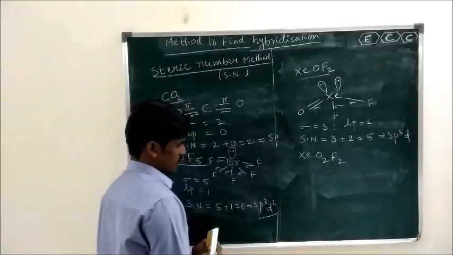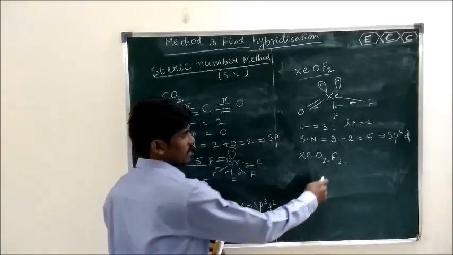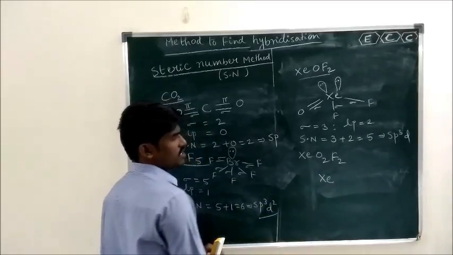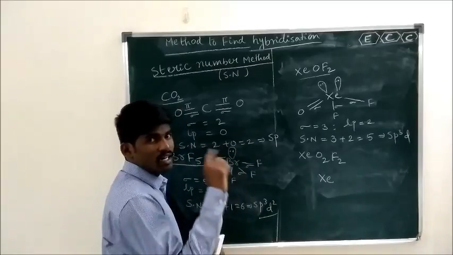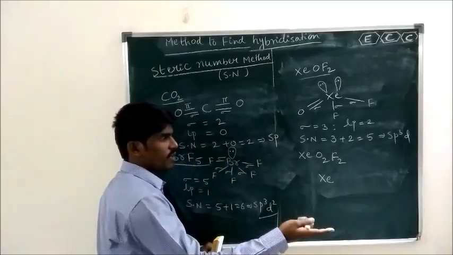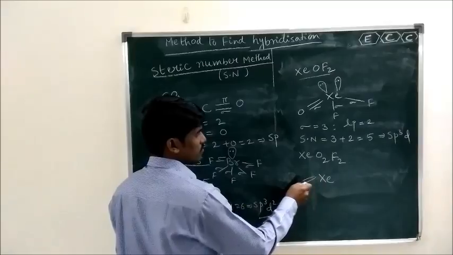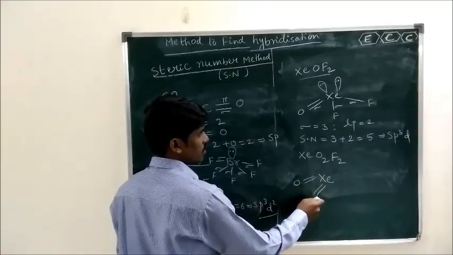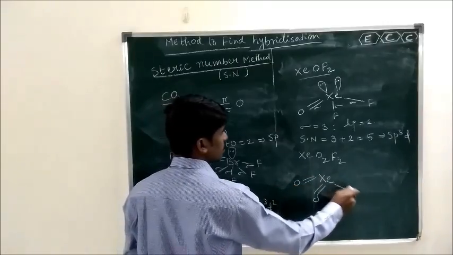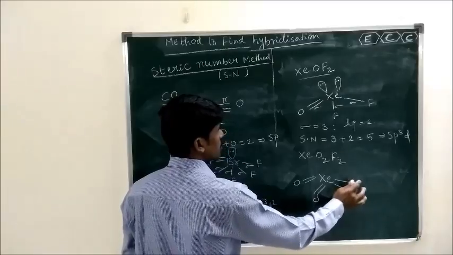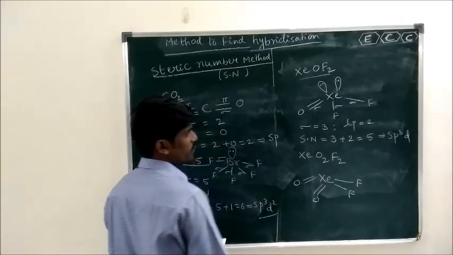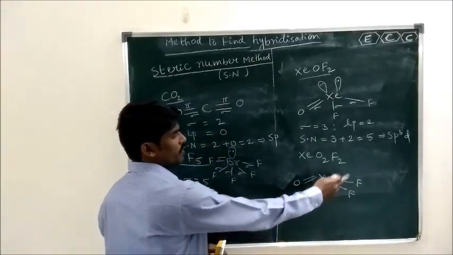Like, you can consider one more example. XeO2F2. If I take XeO2F2, xenon is the central atom. As you know, xenon has 8 valence electrons. It can form 8 bonds. With oxygen 2 bonds, another oxygen 2 bonds, 2 fluorines are there. Total number of bonds formed by xenon are 1, 2, 3, 4, 5, 6.